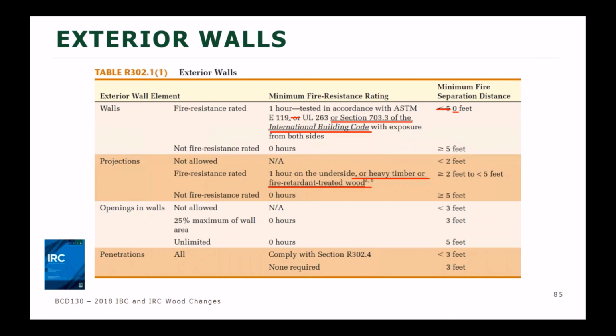If you get out to 5 feet from the lot line, then you have an unlimited number of openings that are allowed. And again, with zoning codes, typically you can't get closer than 5 feet from the lot line. So this only really occurs in an area where you don't have a zoning code or there are some special zoning provisions allowing you to be closer.